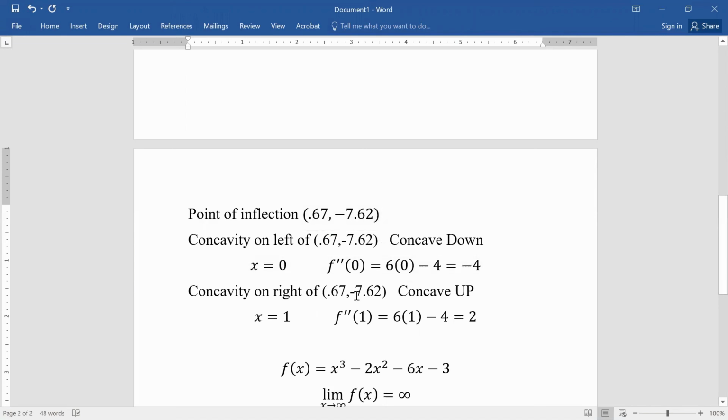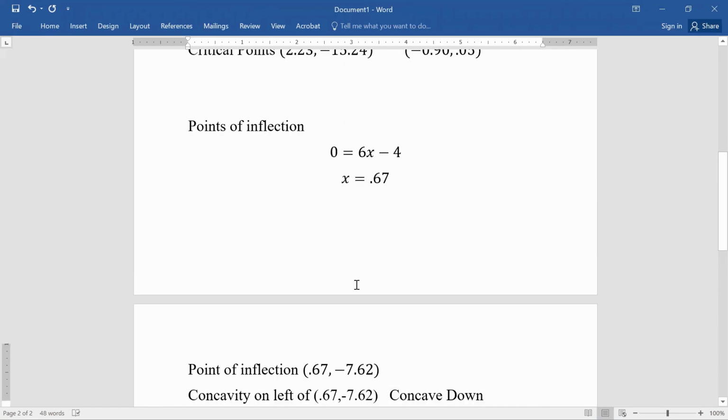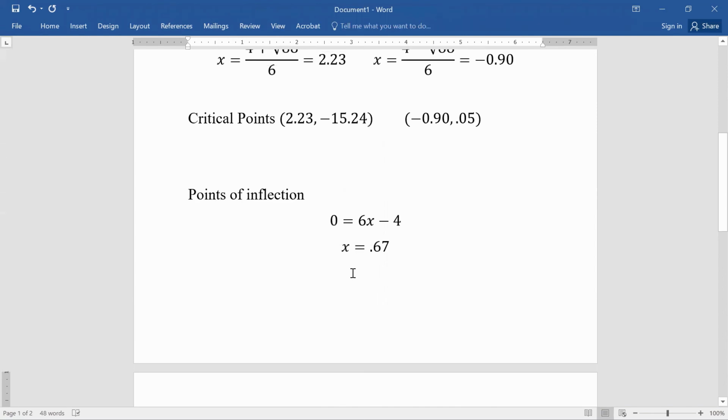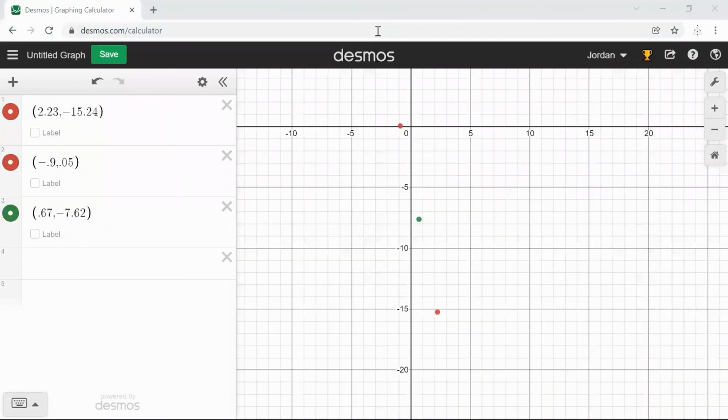Points that are critical points tell me where they could turn. This one is sort of forced on me through basic common sense, but you can do it other ways as well. So once again, I know that we're concave down to the left of this point.